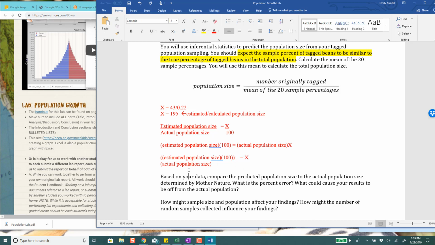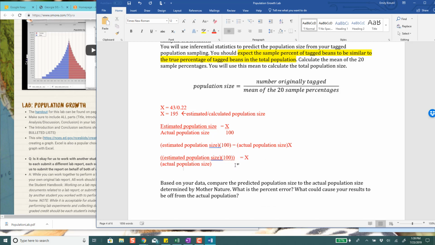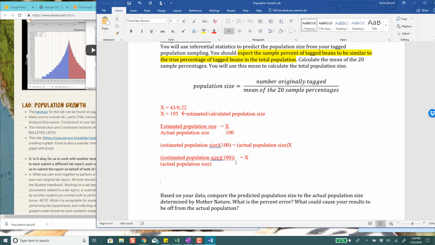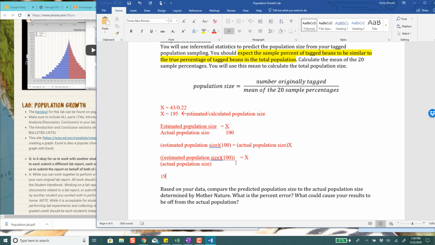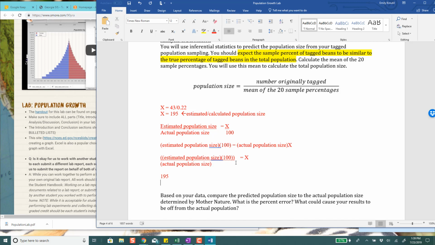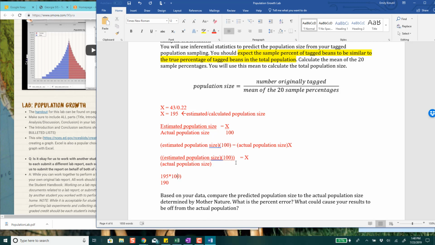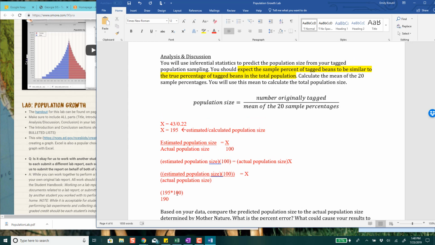Now let's pretend. We had our estimated population size, and I'll show you what I mean by being bigger. Let's say 195 was our estimated, and our actual was 190. So we'll have 195 times 100 divided by 190.